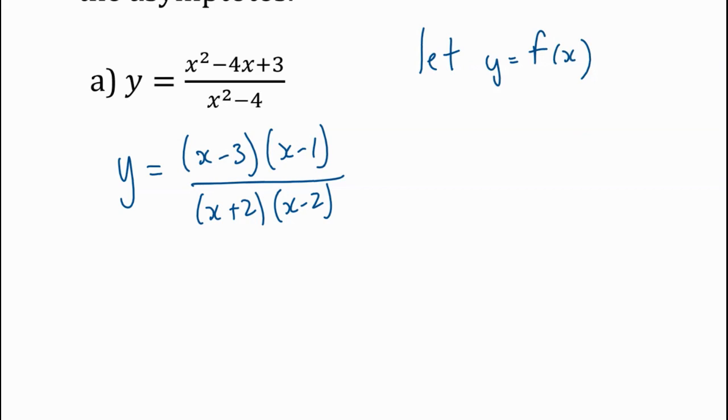I'm doing that because I want to use function notation later in this question. It's not written out as f at x. Sometimes the questions were. If it's not, you're supposed to do that statement so that we can use function notation. Okay, no holes. We would look for holes here, no holes. So we can move on to intercepts.